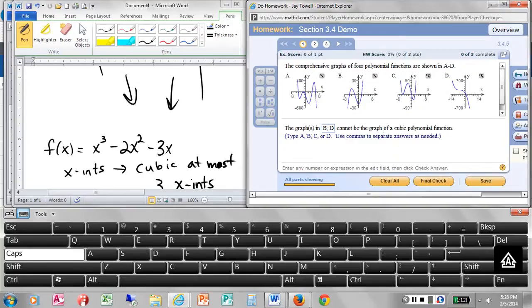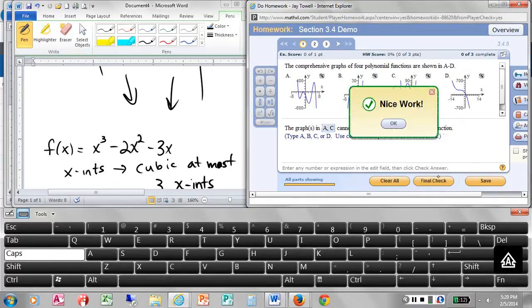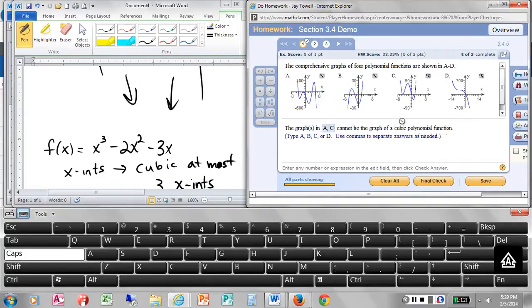Oh, B and D cannot be. Oh, I'm putting the ones that can be. All right, so cannot be A and C. A, comma, C. All right. Read the question. That's always important.